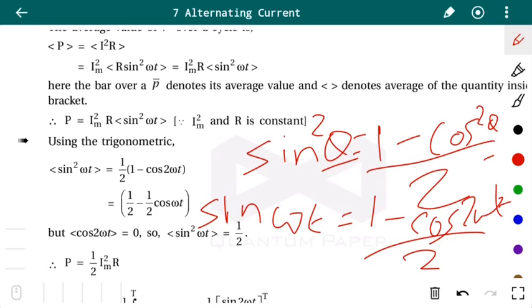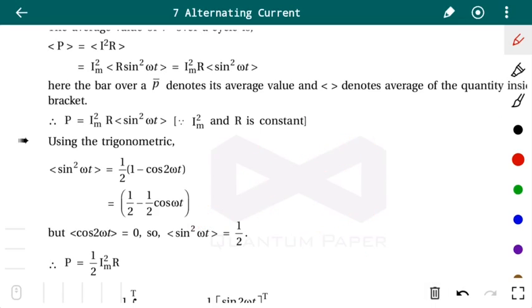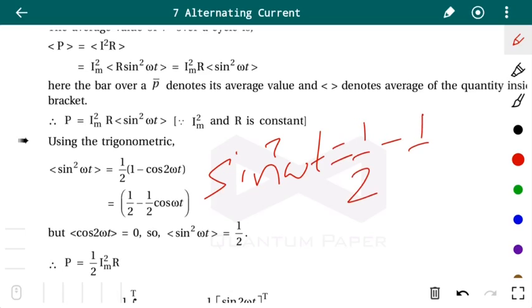Splitting this, we can write sine square omega t equals 1 by 2 minus cos 2 omega t by 2. So we can write like this: sine square omega t equals 1 by 2 minus 1 by 2 cos 2 omega t.